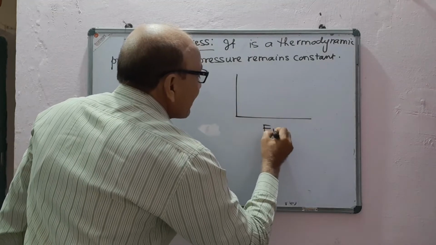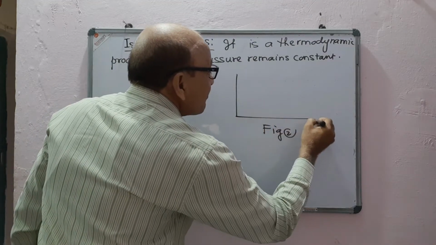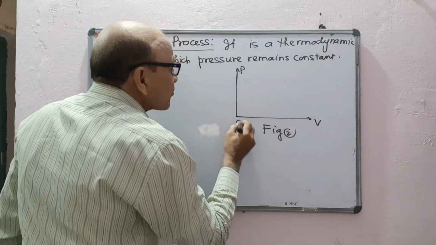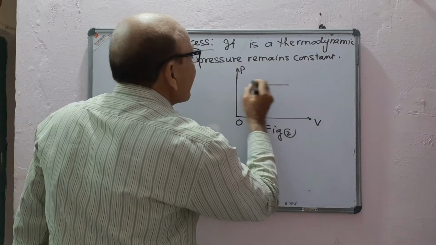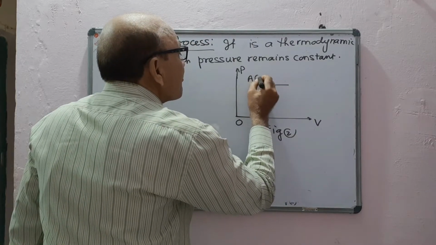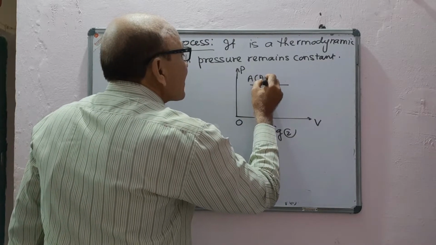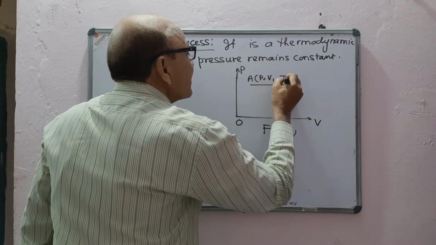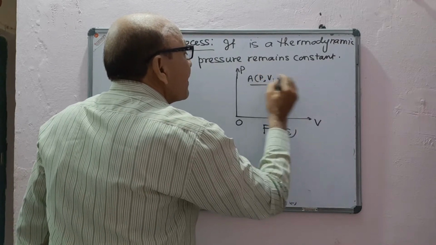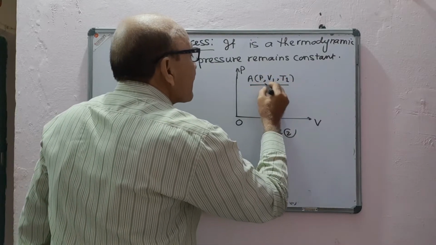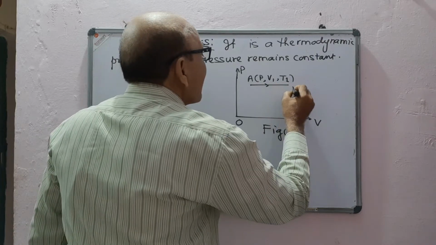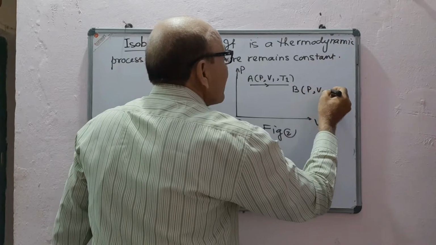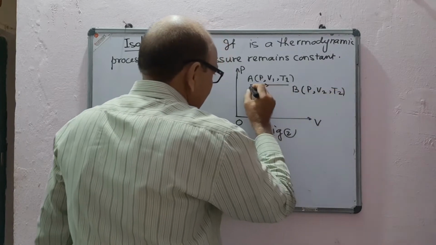Figure 3 shows the PV diagram for isobaric process. Here, at point A, pressure is P, volume is V1, temperature is T1. At point B, pressure is P, volume is V2, temperature is T2.